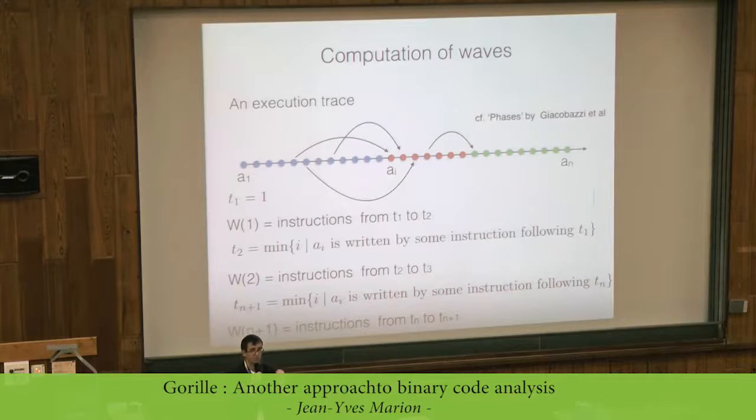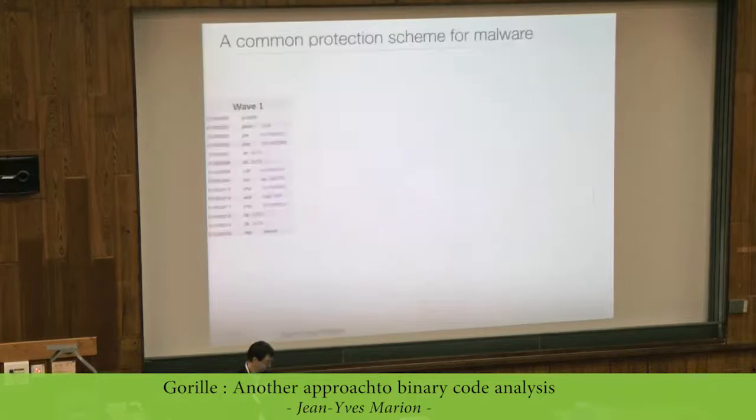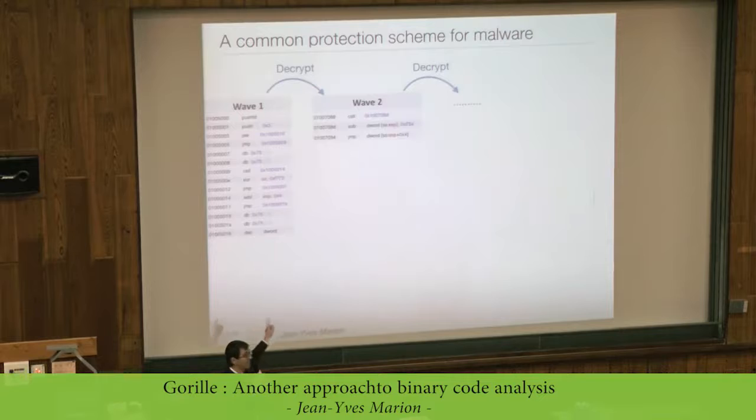In this case, this is a witness of the fact that you are going to change from one wave to another one. So with this very simple mathematical definition, we are able to compute these waves very easily just by looking at the fact that you have in memory one written instruction which wrote some bytes in memory, and then these bytes are run.